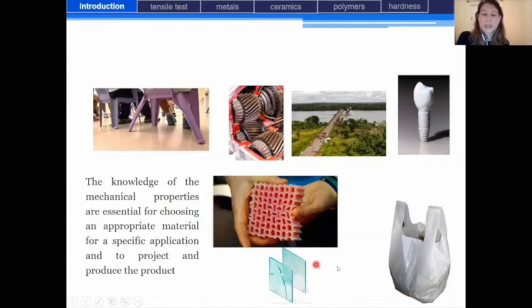In the middle of the slide, you can see a structure. In that case, the goal of such a structure, on which you can see that you have many holes in different orientations, is to be lightweight, but also to have different mechanical properties in different directions.